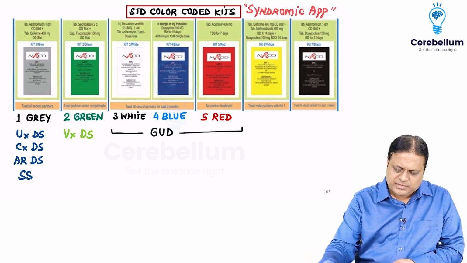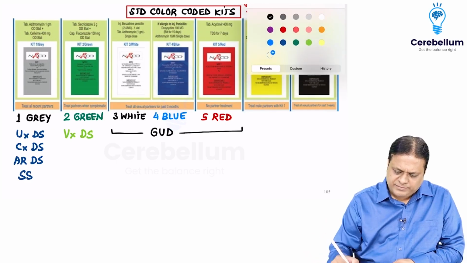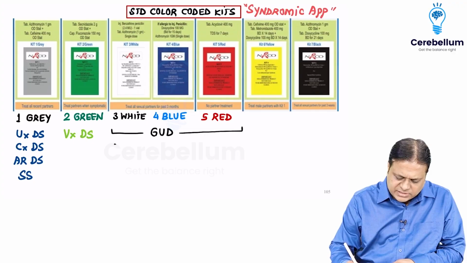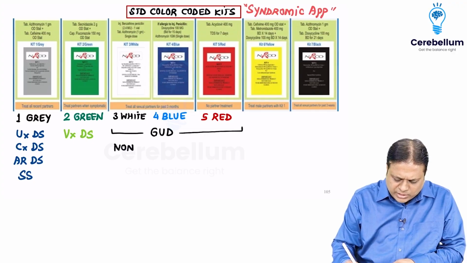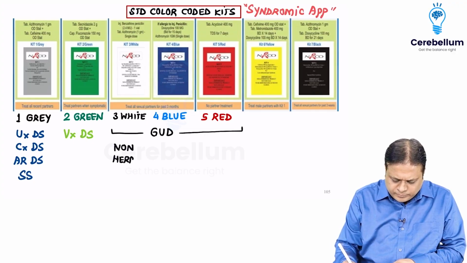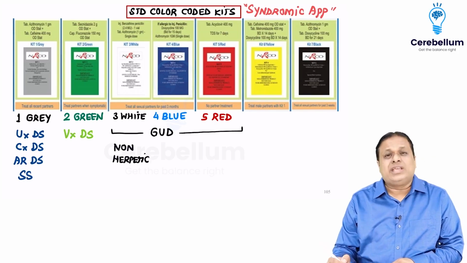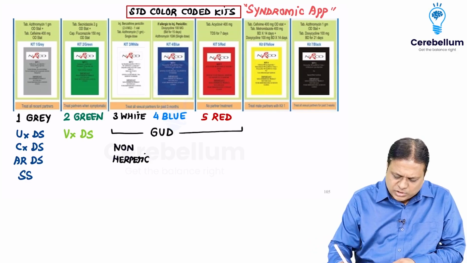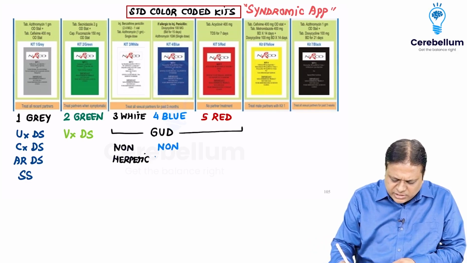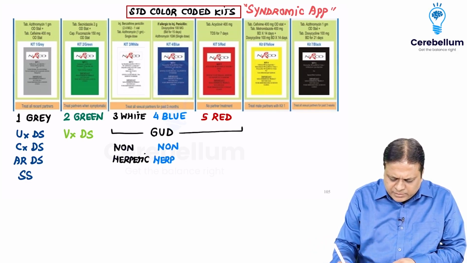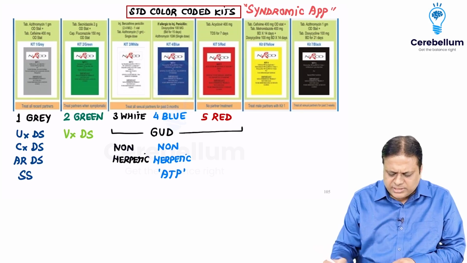Kit number 3, white, is genito-ulcerative disease, non-herpetic. Kit number 4, blue, is also genito-ulcerative disease, non-herpetic, but this includes patients who are allergic to penicillin.